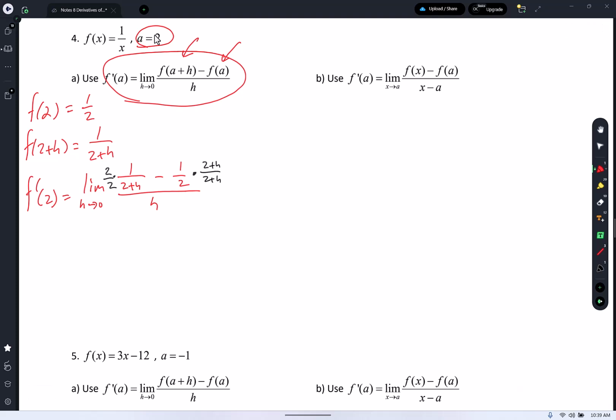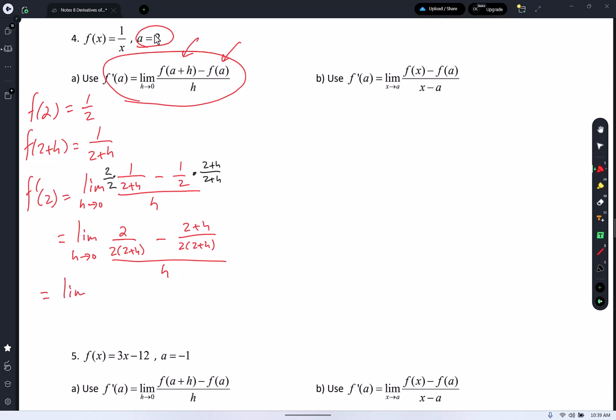Multiply that dude by 2 plus h over 2 plus h. Or a term. Improper fraction. Whatever. All right. Here we go. Limit as h approaches 0, 2 over 2 parentheses 2 plus h minus 2 plus h over 2 parentheses 2 plus h, and all of this is over h. Yeah, some of you can probably do it in fewer steps.